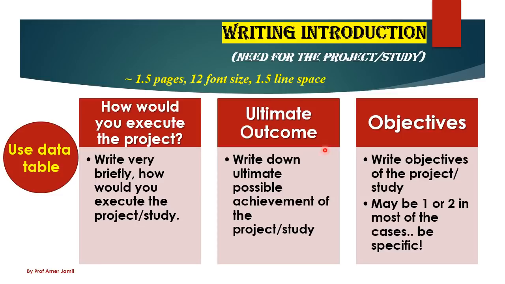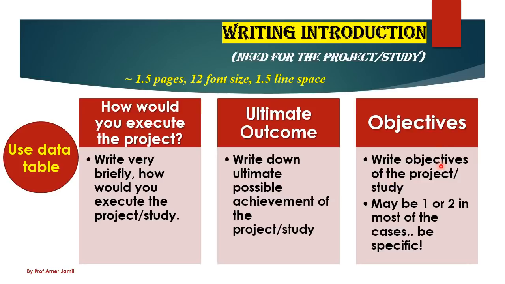Then write down the possible ultimate achievements of the project that you are going to get. It should not be very optimistic, nor pessimistic. It should be a balanced approach based on reality.